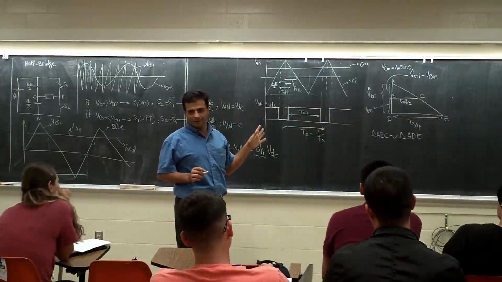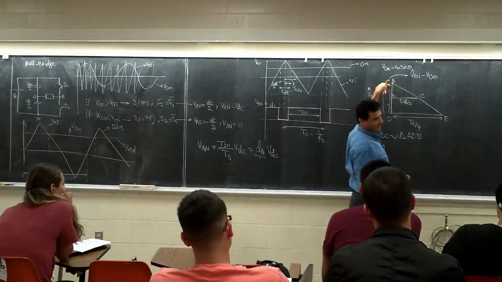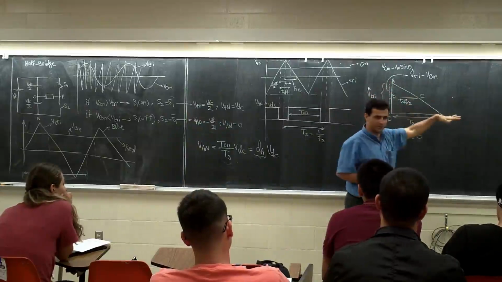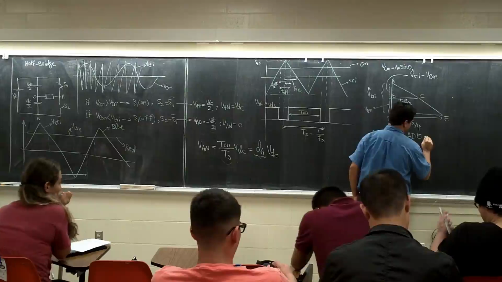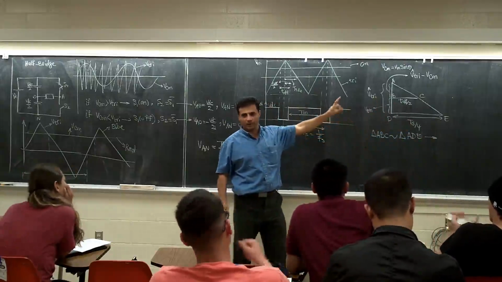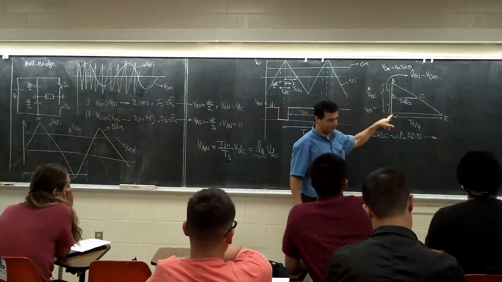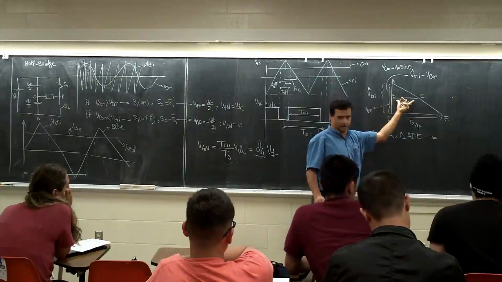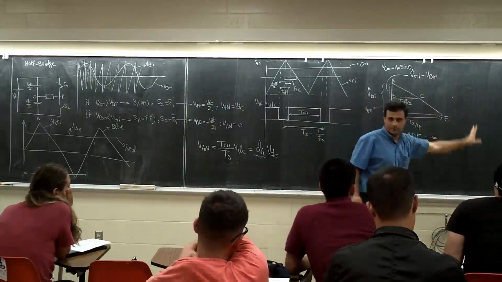The same angles. B and D are both right angles. Right angle, or you can say this angle is the same for them, or you can say this one is parallel with this one. These are all you have from geometry. But they are similar. You don't have to go through that. Now, if the triangles are similar, I can say this one over this one is equal to this one over this one is equal to this one over this one, right?